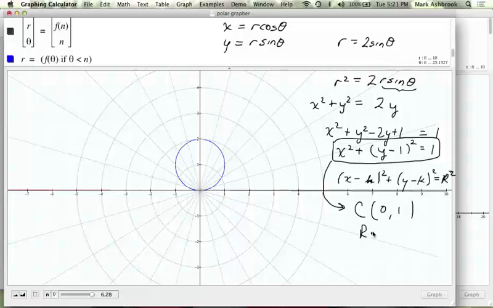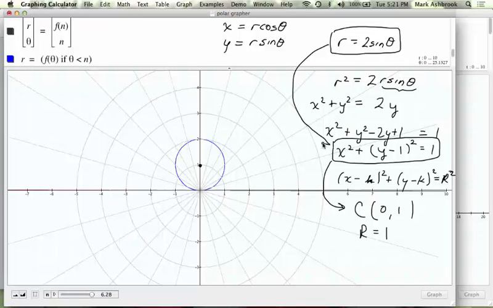What's the radius? Is that the circle we have? Center 0, 1. Radius 1. Got it. So this right here, r equals 2 sine theta, is the same as this circle. The circle with center 0, 1, radius 1.